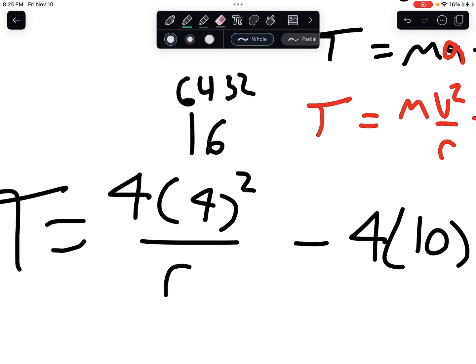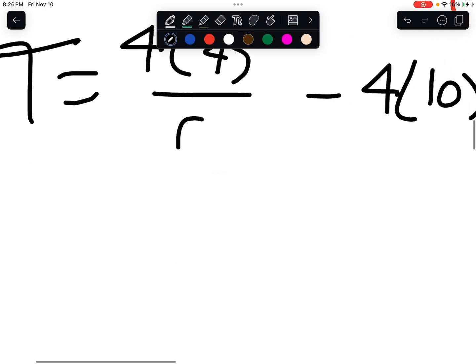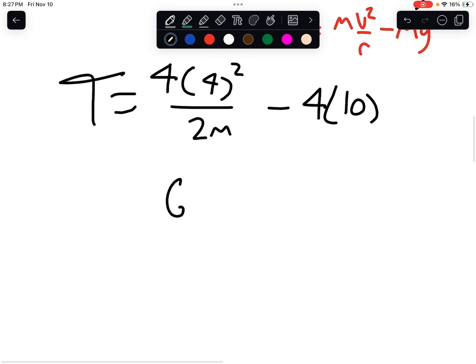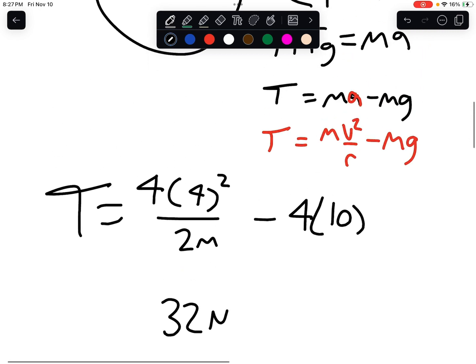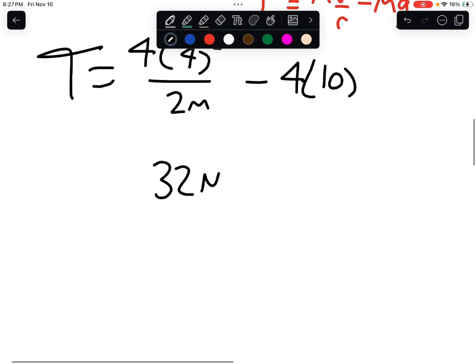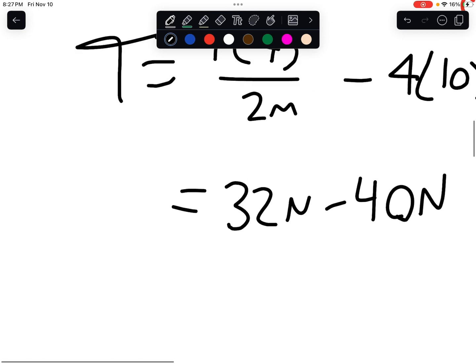We can all agree with that. I'm not going to write out the math for that. This r is supposed to be 2 meters. So this is going to be 32 newtons, because 64 over 2, minus 40 newtons.